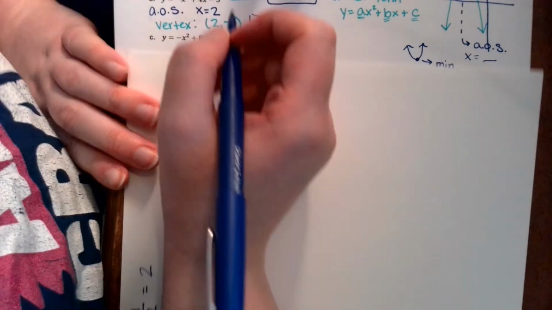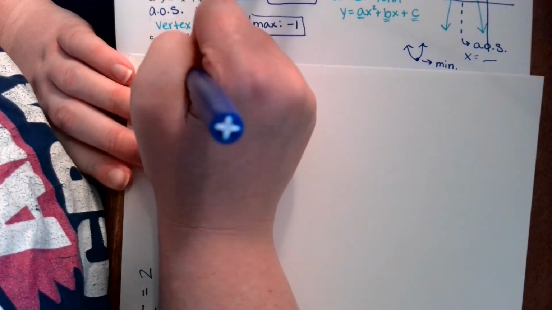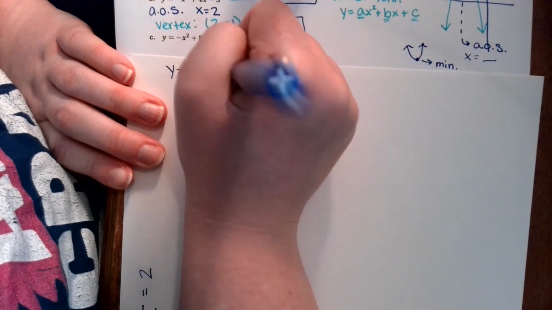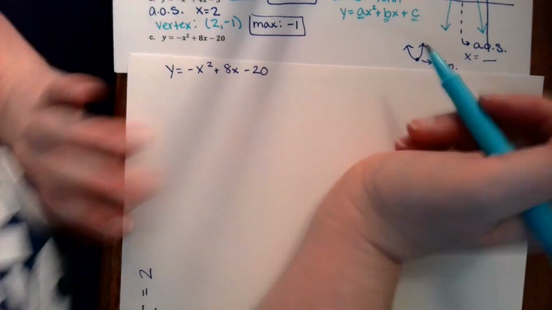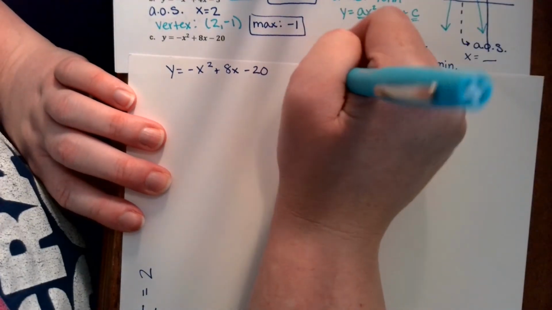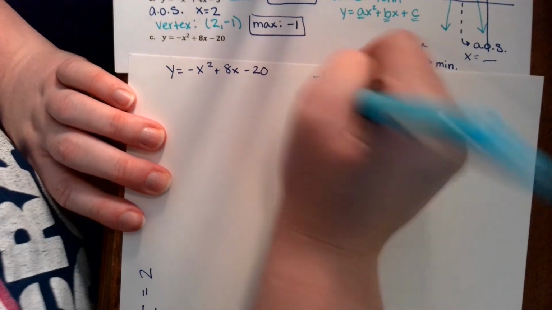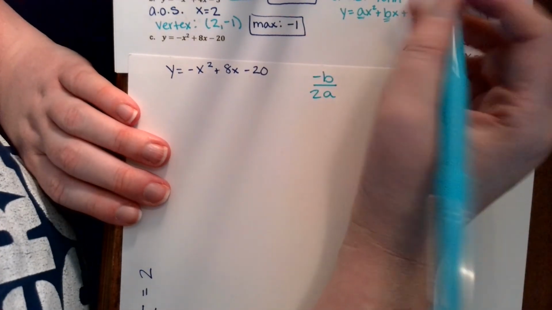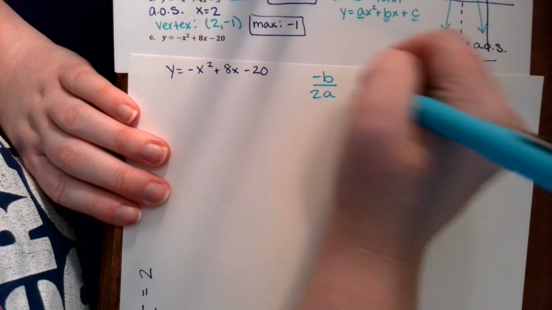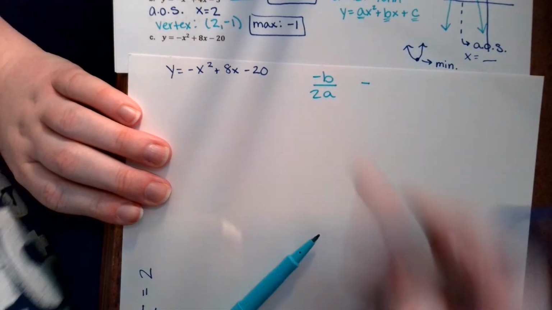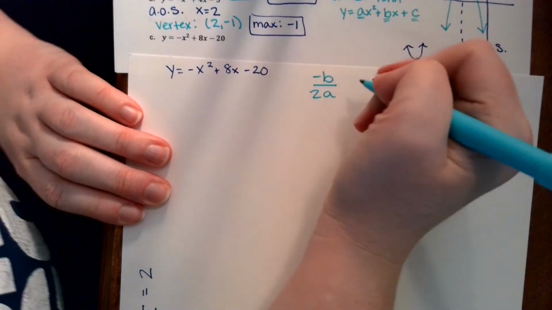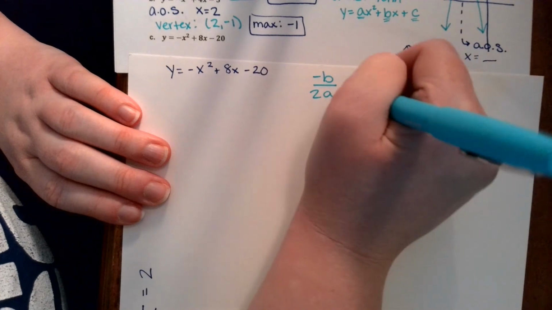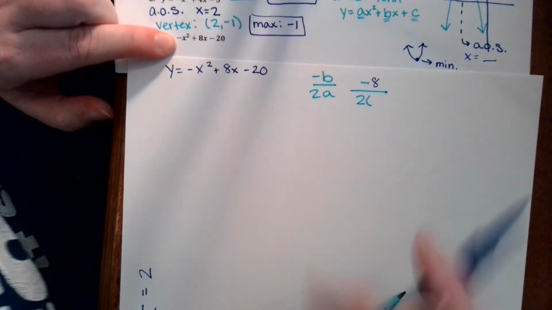All right, so then we have y equals -x squared plus 8x minus 20. All right, so we're going to use our axis of symmetry formula. -b over 2a. And let's see. So we have negative, b is 8, over 2 times, and then a is -1.